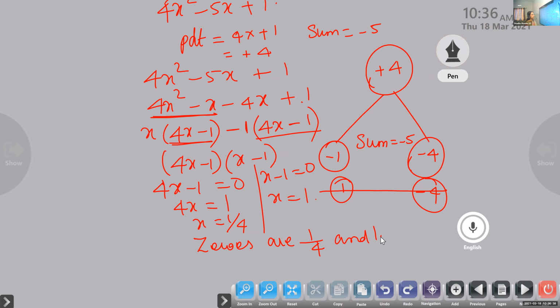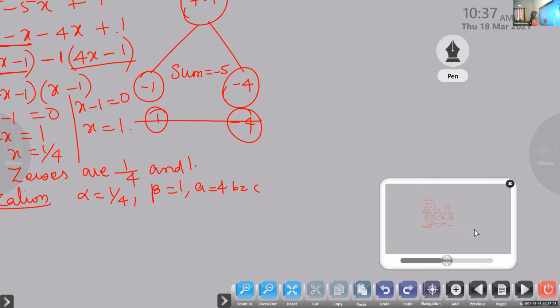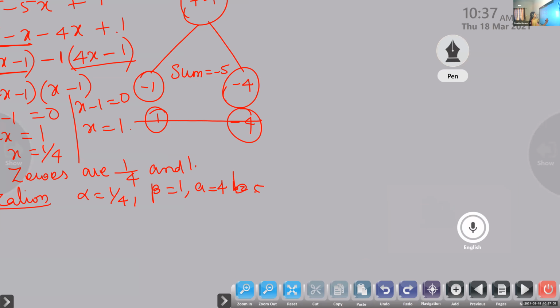Then we have to do the verification part. For verification, you take one of the zeros as alpha, the other zero as beta, and from the polynomial you write down what is a, what is b, and what is c. A is 4, b is -5, and c is 1.